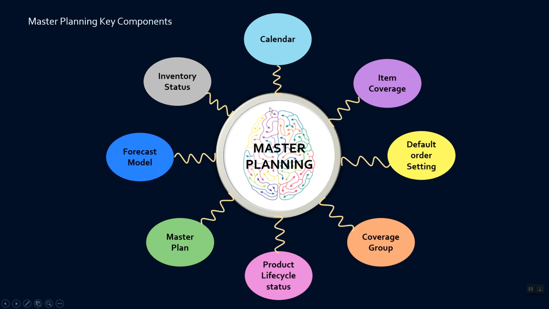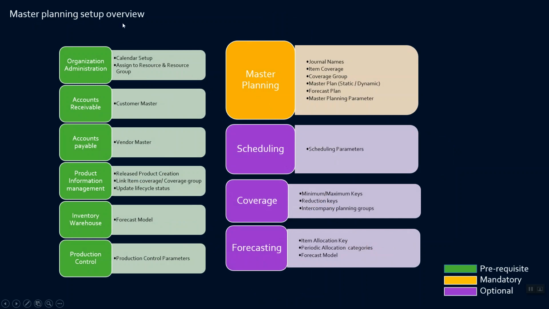Let's go to our next slide, master planning setups. You can see these are the basic setups which you need to do. Few setups are prerequisites, few are mandatory, and few are optional. These three, scheduling, coverage, forecast, are optional setups, whereas journal names, item coverage, coverage group, master plan, static and dynamic, forecast plan, master planning parameters are mandatory ones.